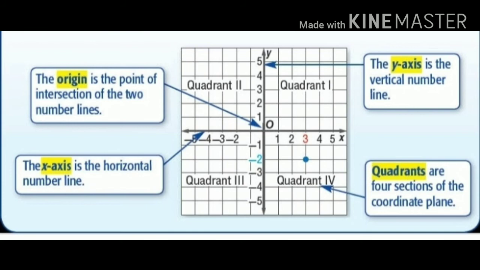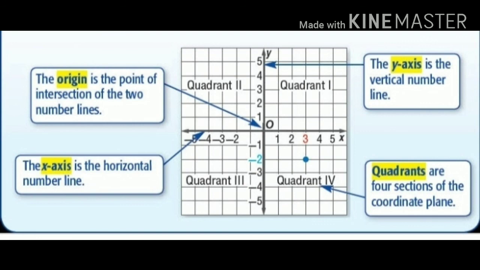The origin is the point of intersection of the two number lines, that is the x-axis and y-axis. So the point of intersection of the x-axis and y-axis is known as the origin, and it is denoted by the capital letter O. Next, the x-axis is the horizontal number line, the horizontal axis, and the vertical number line is the y-axis.